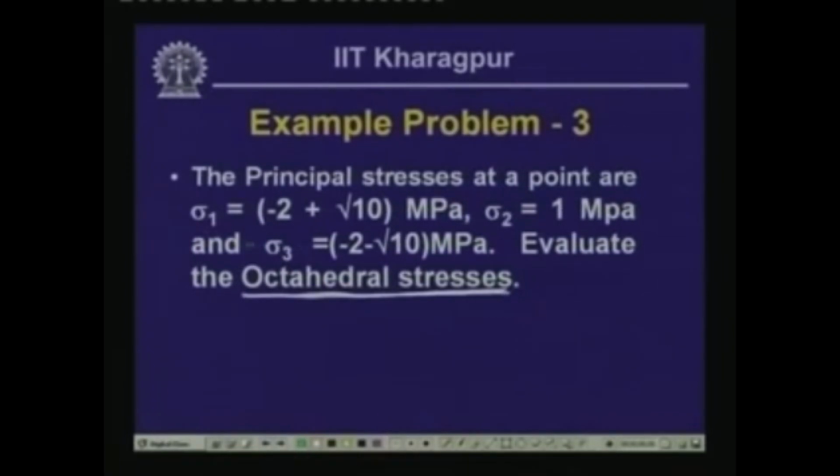Now, if we know the values of principal stresses at a point, we can compute the values of octahedral stresses. Sigma 1, the maximum principal stress, is given as minus 2 plus root of 10 MPa, sigma 2 as 1, and sigma 3 as minus 2 minus root 10 MPa, and we will have to evaluate the values of octahedral stresses. So, let us compute these values.